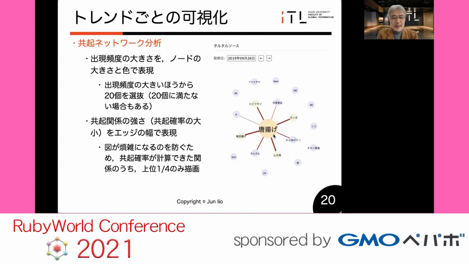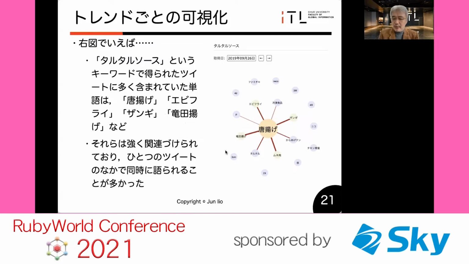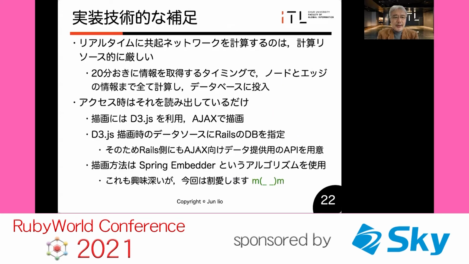They appear in the same context, the same sentence. So this is how we display the relationship. With the keyword tartar sauce, you acquire the tweets, and then in such tweets you tend to see fried chicken, fried shrimp, zangi, tatsutake. So they're often mentioned in the same tweet. So that was visualized. That's a co-occurrence network. By having this network graph, we can see the contents of the trend at a glance.